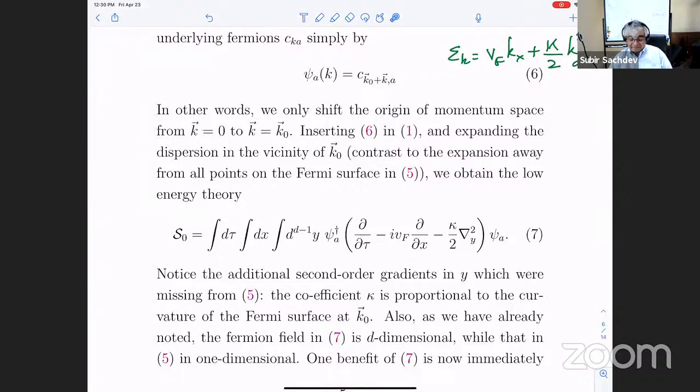But it has a very peculiar dispersion that you wouldn't meet in relativistic field theory. Its dispersion looks like this. It's linear in one direction and quadratic in the other. And most importantly, which is something you definitely don't meet in field theory, if you ask at what momentum is the energy of excitation zero.